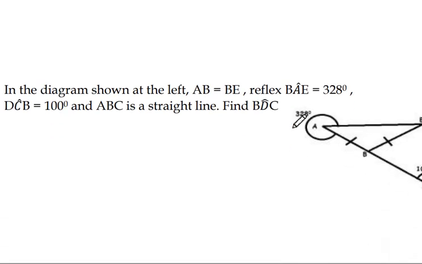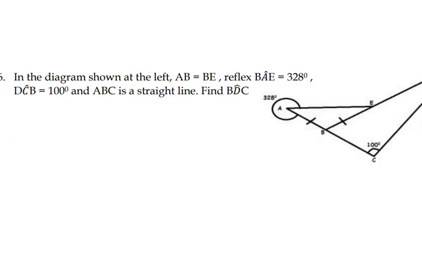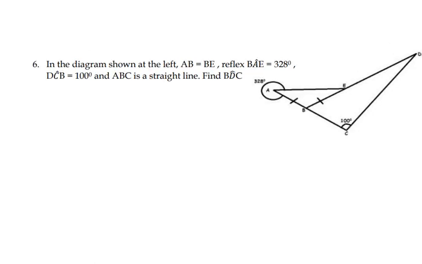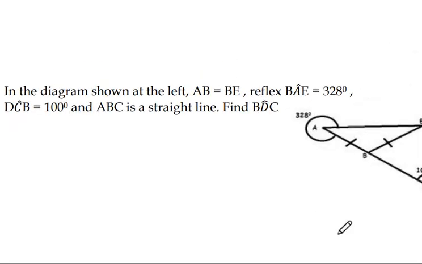Now look at this example. Let me minimize a bit. The diagram shown, AB is equal to BE. That's an isosceles triangle. The reflex angle BAE is 328. Okay, this angle is 328. You can see this 328.